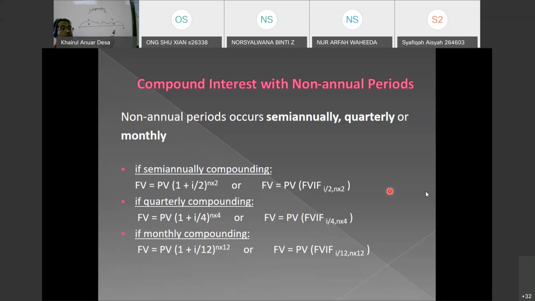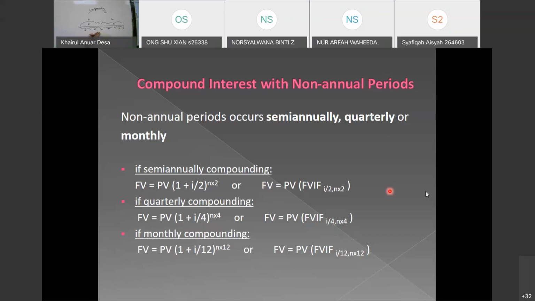Every 3 months. Okay, di sini 1 dan 3, bulan 6, 9, 12. So quarterly you can see here 1, 2, 3, and 4. That's why 4 times, or how frequently the interest rate compounds in a year.